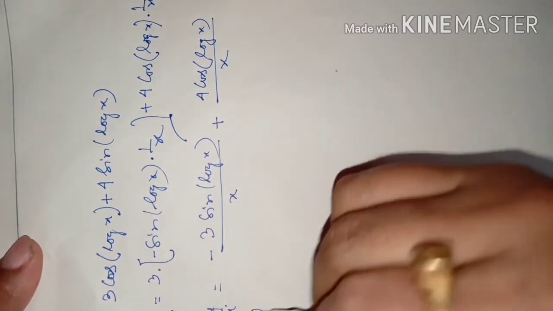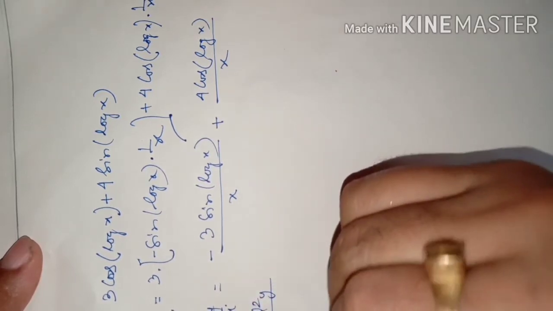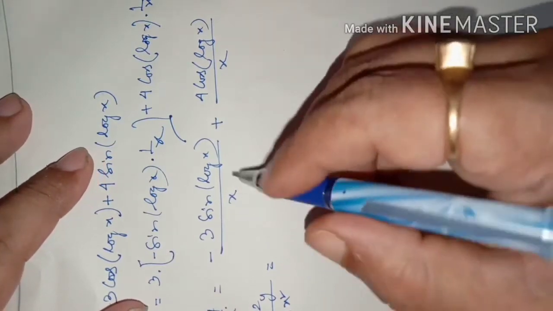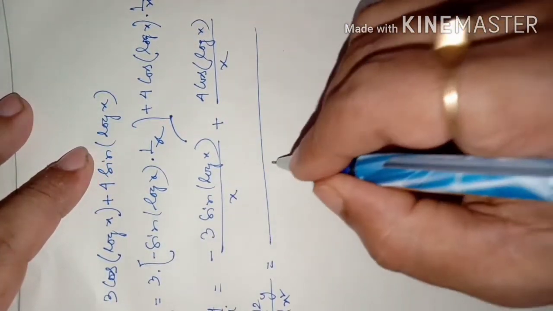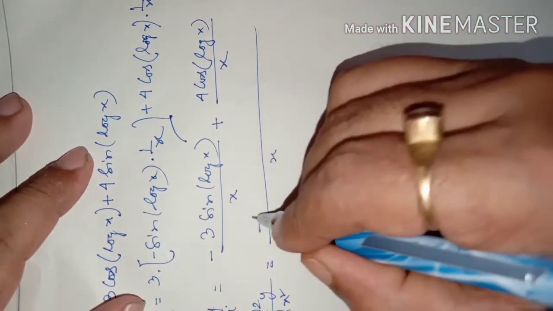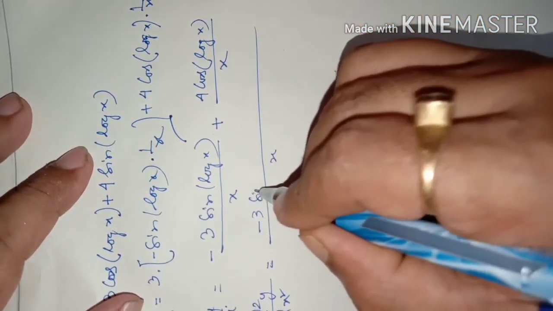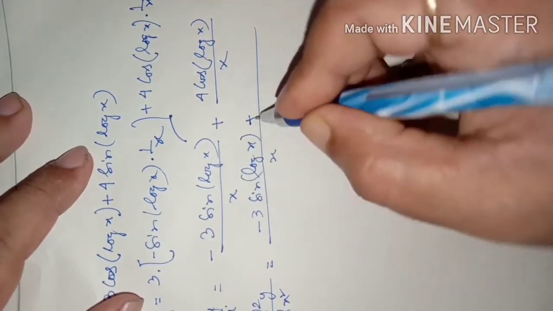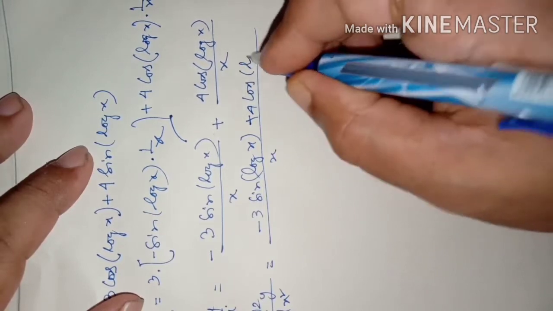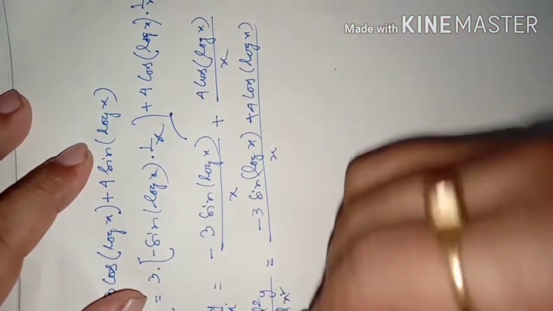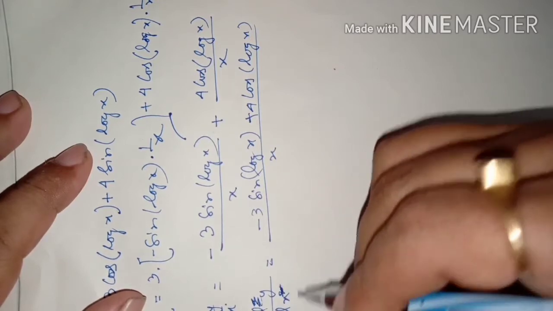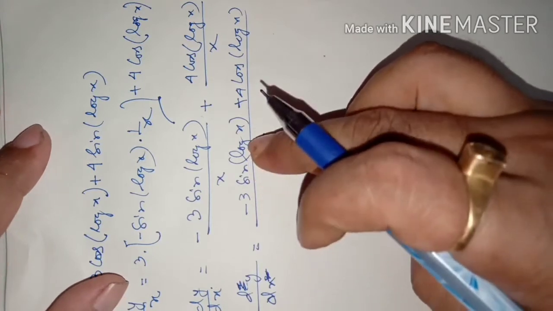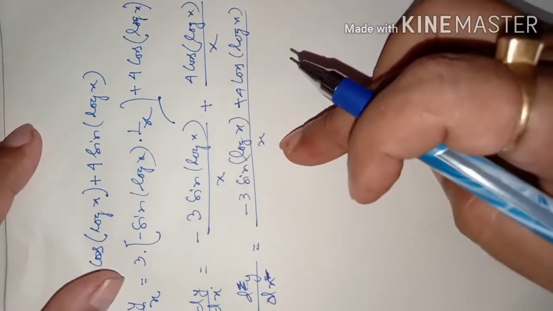It is equal to d/dx of, but this whole thing can be written together also like this, taking x as LCM, minus 3 sin log x plus 4 cos log x, or say it is dy by dx. Okay, so dy by dx equal to minus 3 sin log x plus 4 cos log x divided by x.